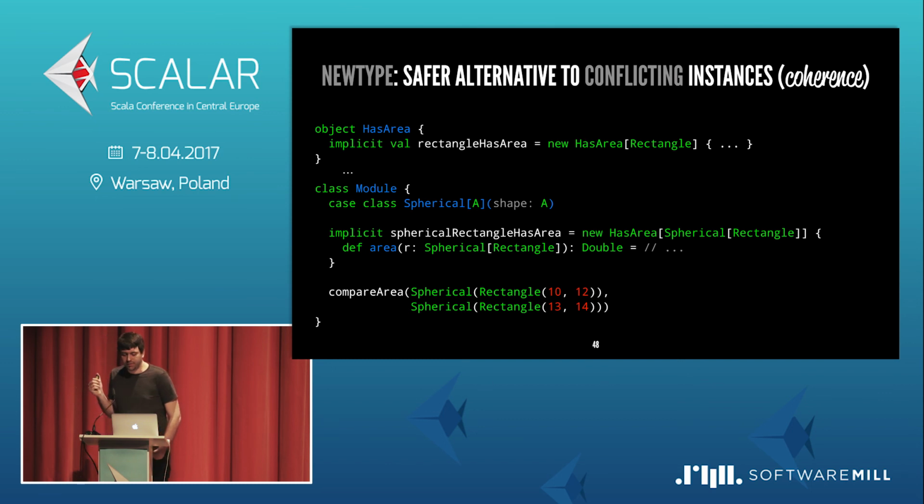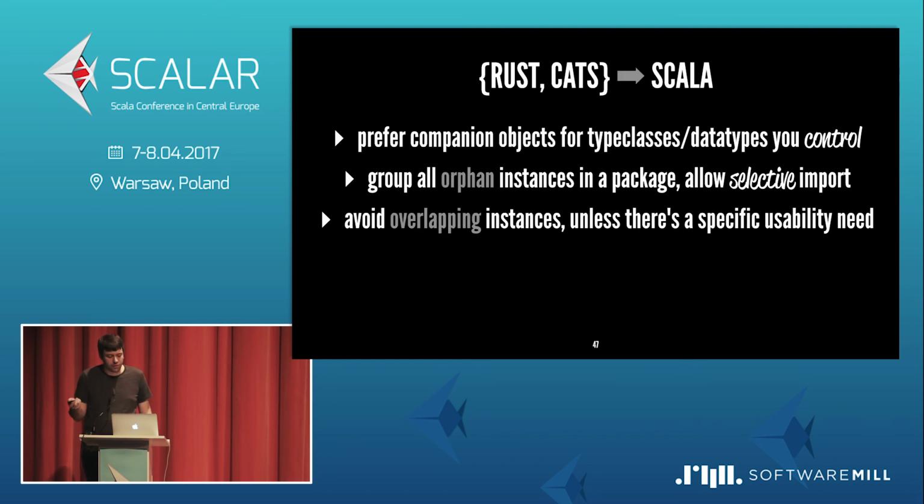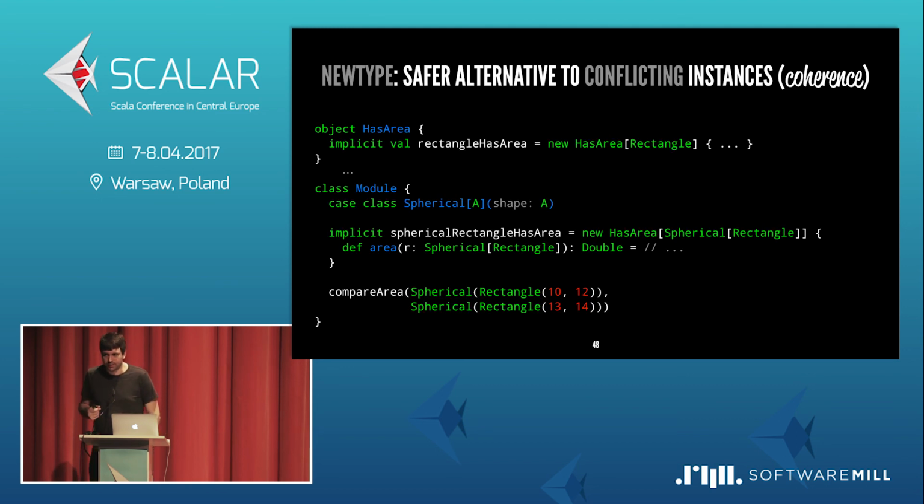So let's move on to something more. We've said that we should avoid overlapping instances, for example. But what do we do if we have multiple conflicting ways to compute an area, as we had before? So we had spherical area and planar area. What we can do is just retain one as the default area.